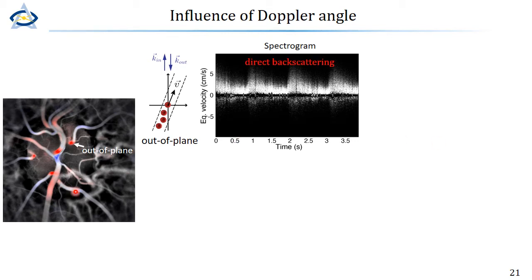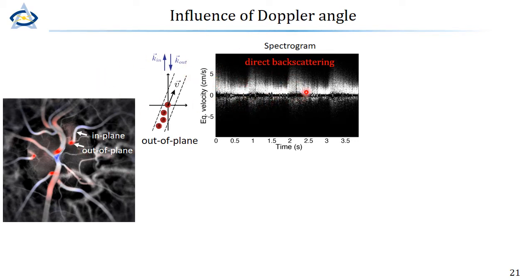But the fact that most of the energy is on one side says that there is a lot of direct backscattering. In the previous example, it was only direct backscattering. So if light has preserved the Doppler frequency shift value that corresponds to the flow direction, it means that it's backscattering. Next we look at an in-plane section.